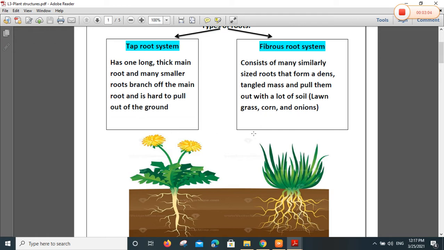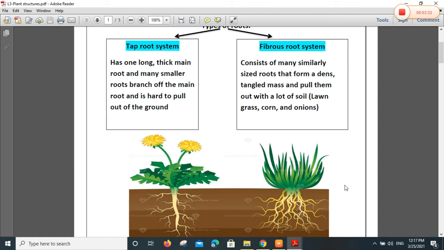What about the fibrous root system? The fibrous root system consists of many similarly sized roots. There is no main long thick root, but many branches. This type is weaker than taproot, and I can pull it easily from the soil.